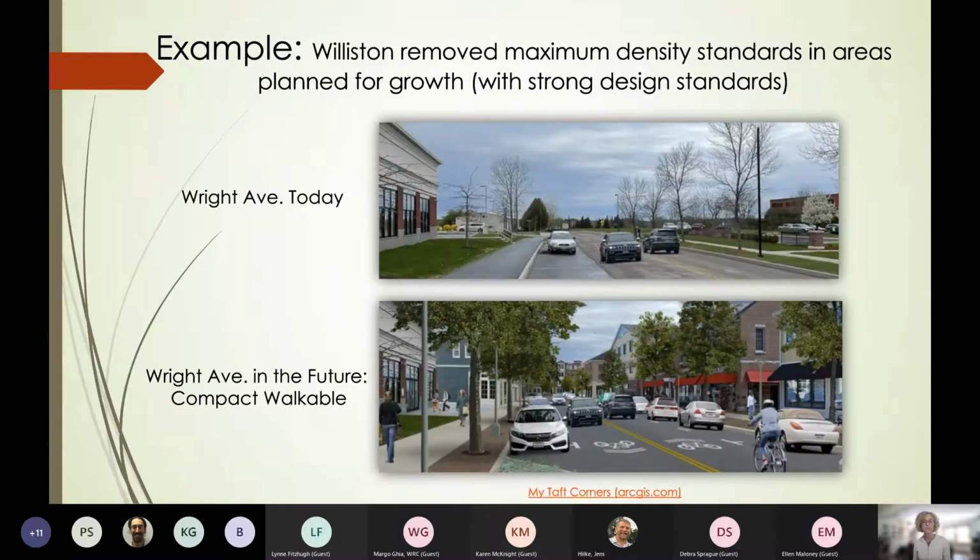So I want to give you an example of a municipality that has very recently made one of these changes, a very big change, and that's Williston. Recently removed their maximum density standards in areas planned for growth. So the example here is Wright Avenue in Williston. The top image is what it looks like today.